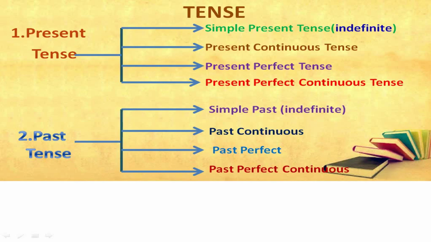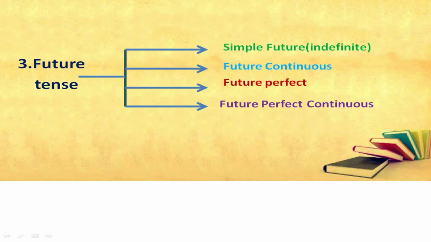Same in past tense: simple past tense, that means past indefinite tense, past continuous tense, past perfect tense, past perfect continuous tense. Same in future tense: simple future tense, which is called indefinite future tense, future continuous tense, future perfect tense, future perfect continuous tense. These 12 forms are the types of tenses.